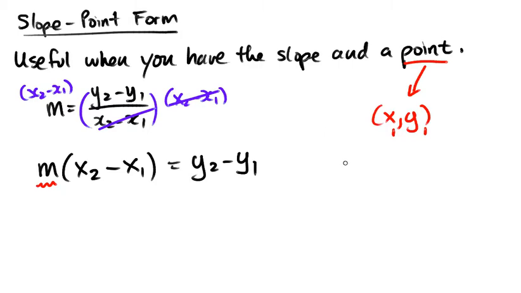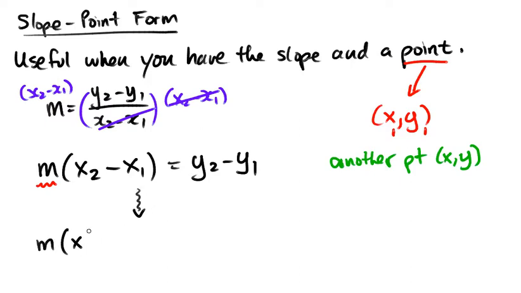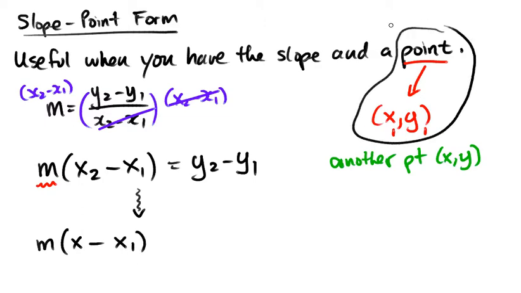So another point would just be x comma y, and that might be your x2, y2 if you think about it that way. So this formula can become, well, I know my slope, I don't know one of my x's, but I do know my other x, the x1, which is given to me as a point, and I don't know my y2, it's some other point, but I do know my y1 value that was given to me.